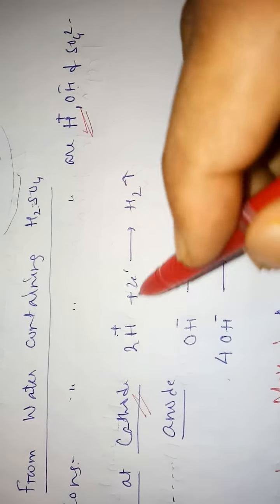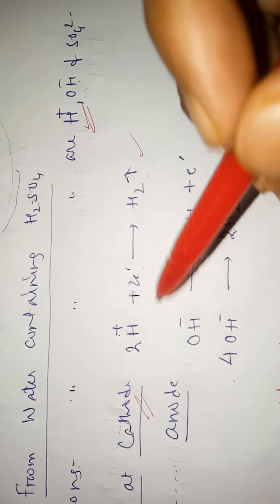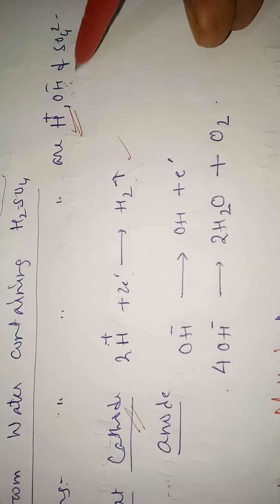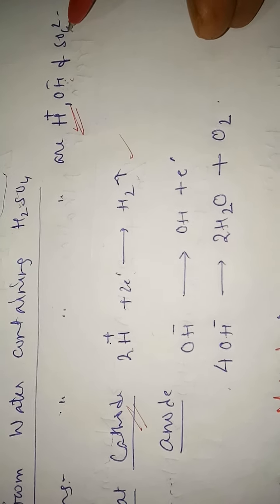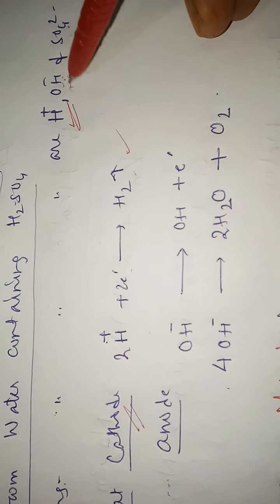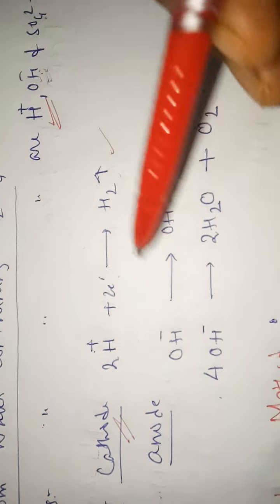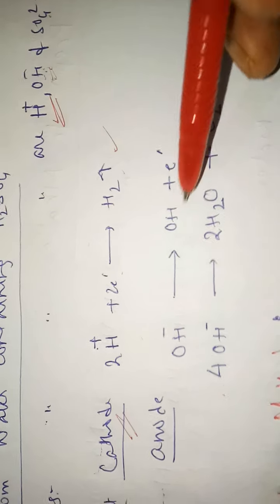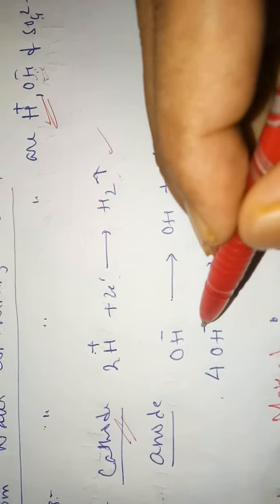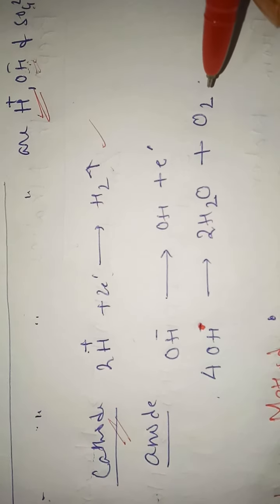Cathode is negative charge. 2 hydrogen plus 2 electron gives you hydrogen at the cathode. At anode, OH negative goes. OH and SO4 dinegative both have a probability to go to the anode, but since OH requires less discharge potential, therefore OH is going to discharge at anode. So OH negative, we will take OH plus electron. So if I consider 4 OH, we have 2H2O plus O2.